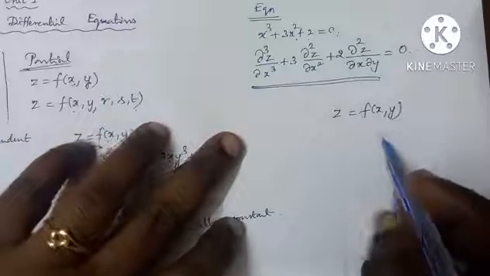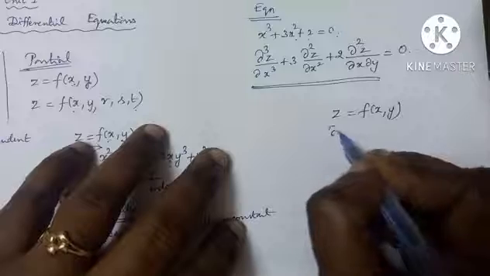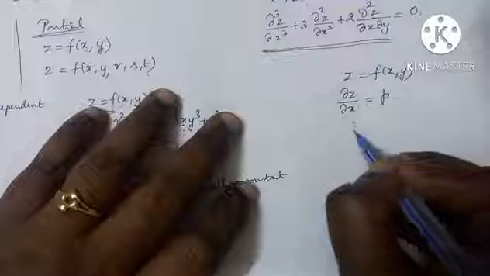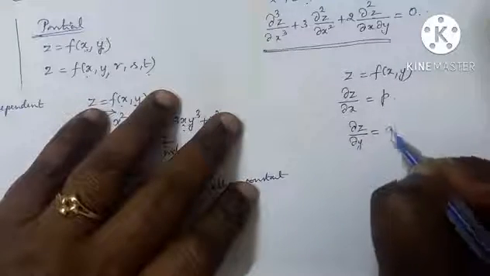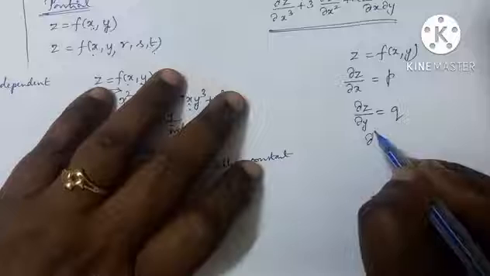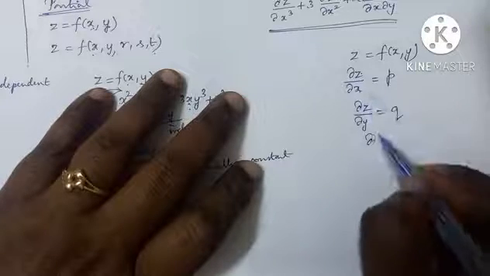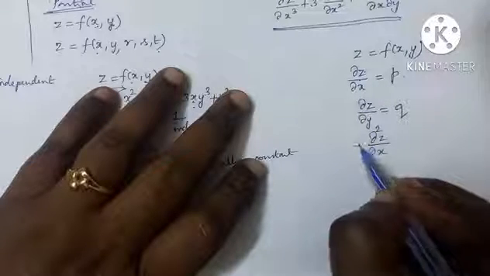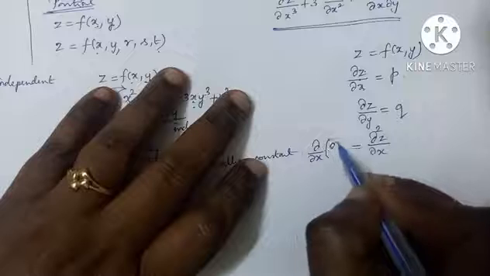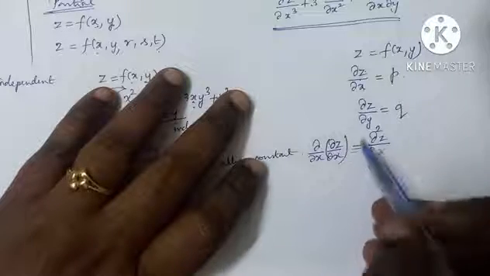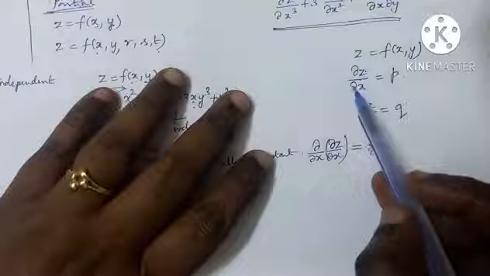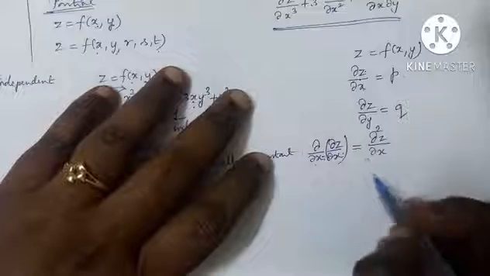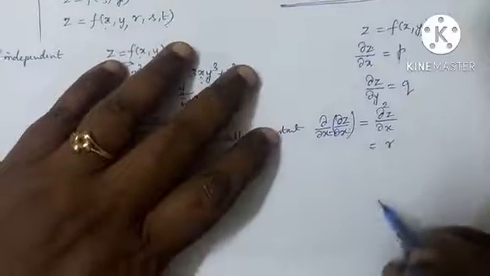And listen here, we use some standard notations. When you differentiate z with respect to x, we use the notation p. When we differentiate with respect to y, it is q. When we differentiate this dou z by dou x again with respect to x, that is dou by dou x of dou z by dou x, which is dou square z by dou x square, which we call r.